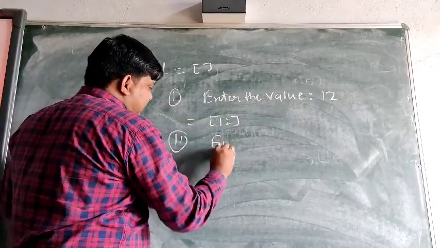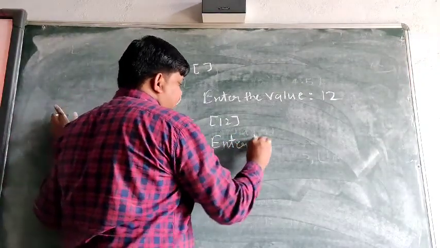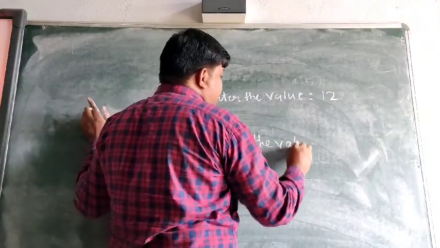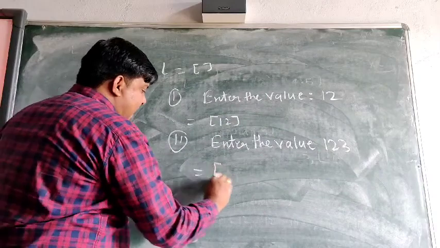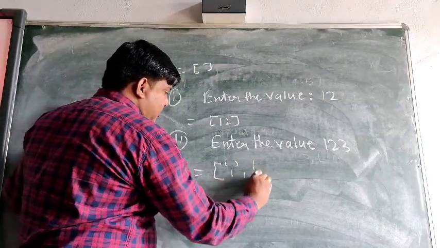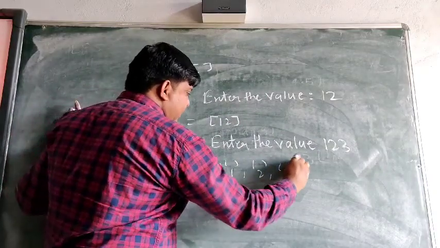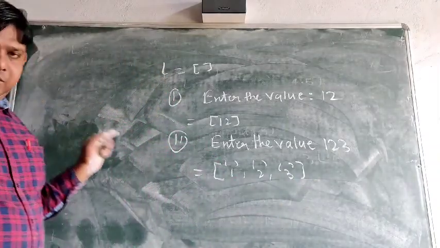The second way, you may ask here enter the value, and the user has given 1 2 3, and you want it to be added into the list in this format, 1 comma 2 comma 3. So we have different ways.